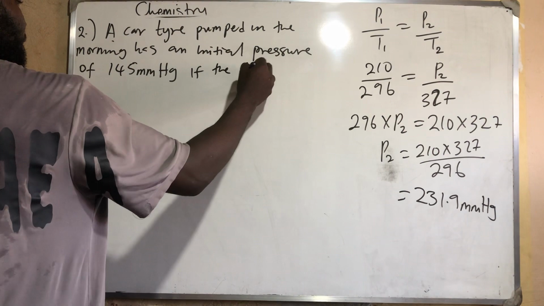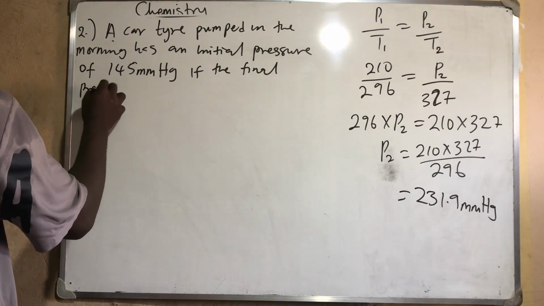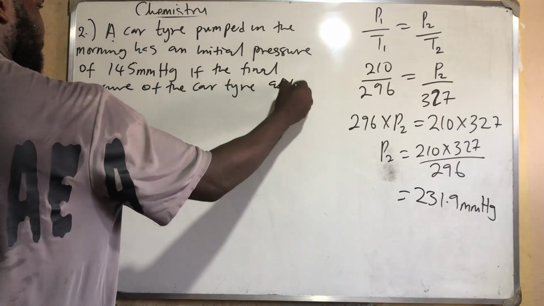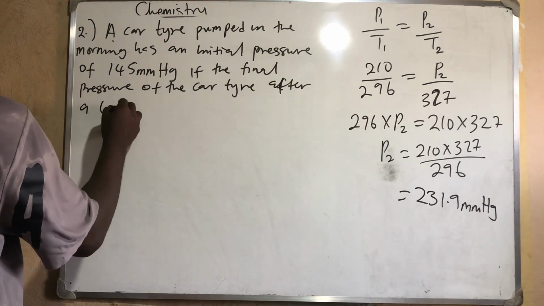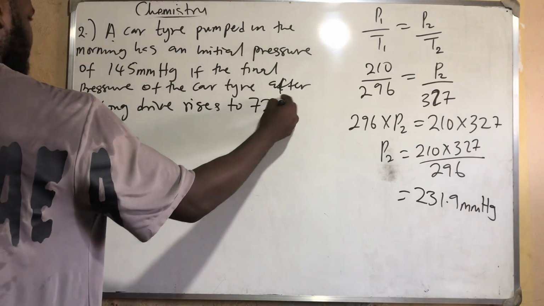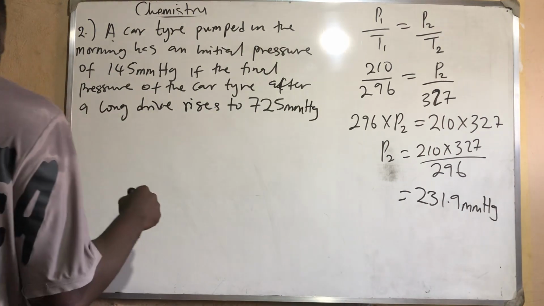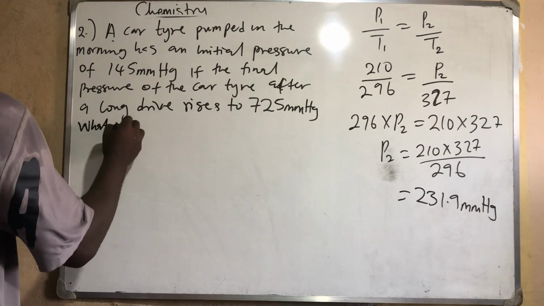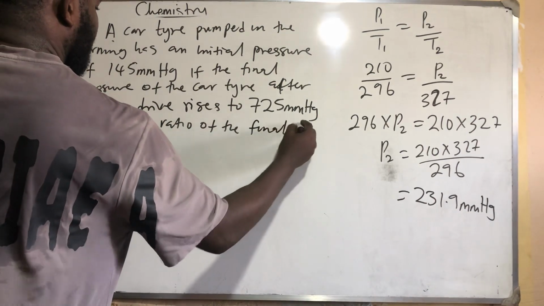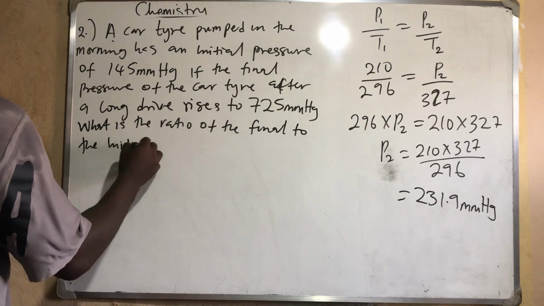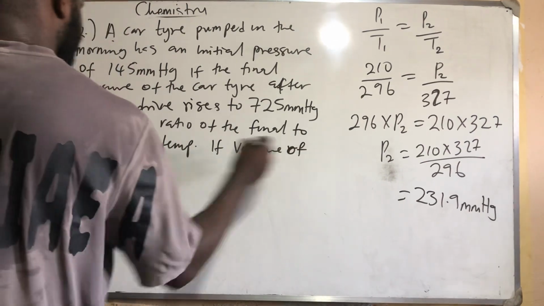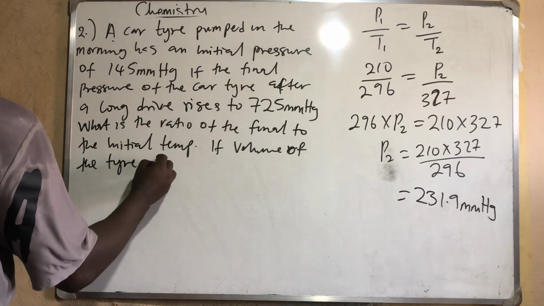If the final pressure of the car tire after a long drive rises to 725 millimeter mercury, what is the ratio of the final to the initial temperature if the volume of the tire remains constant?